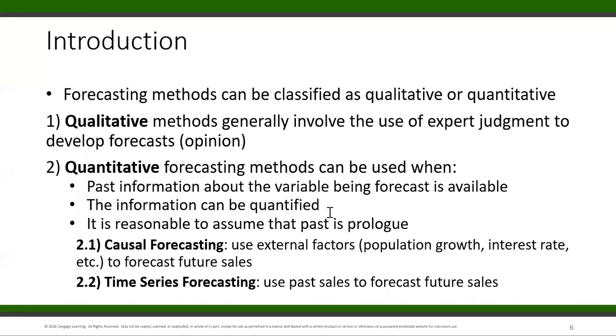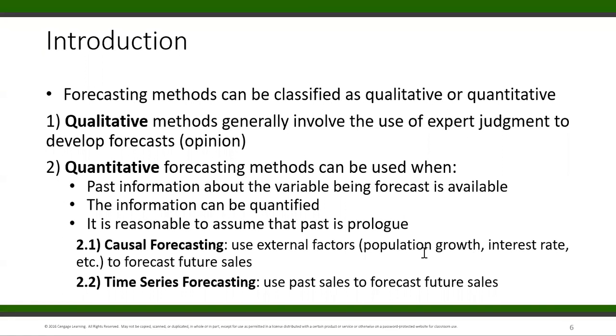These are usually factors that are either easier to predict, like population growth or actual population, while sales is not easy to predict. Usually interest rate is easy to predict, at least for the short term. Or they are factors that are actually under your control.